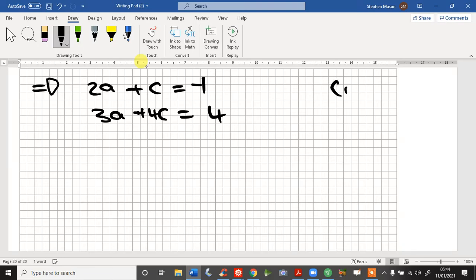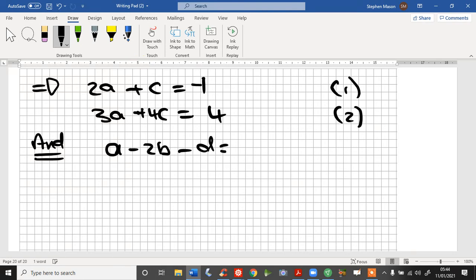So we call that equation 1, equation 2, and also we've got a minus 2b minus d equals minus 2, and then we've got c minus 3b minus 4d equals 0, and that's equation 3, and that is equation 4.